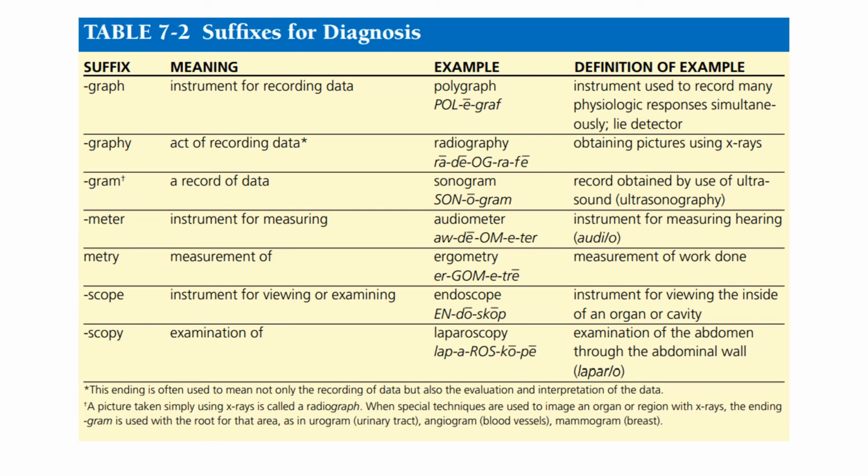So we have the polygraph, which is the machine, the instrument. We have radiography, which is the act of obtaining pictures using X-ray. Then we have the gram, sonogram, a record obtained by using ultrasound.